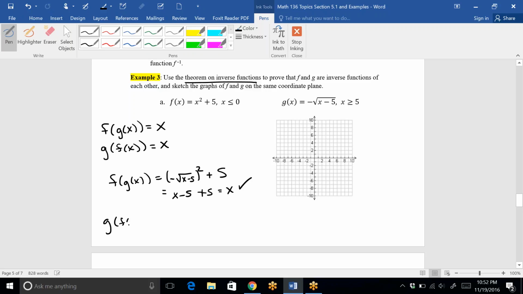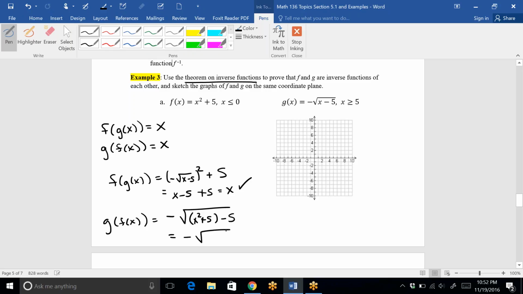g of f of x, we take the g function, which is negative square root, and then instead of x, we're going to write a blank. So that would be blank minus 5. We plug in the f function, which is x squared plus 5.